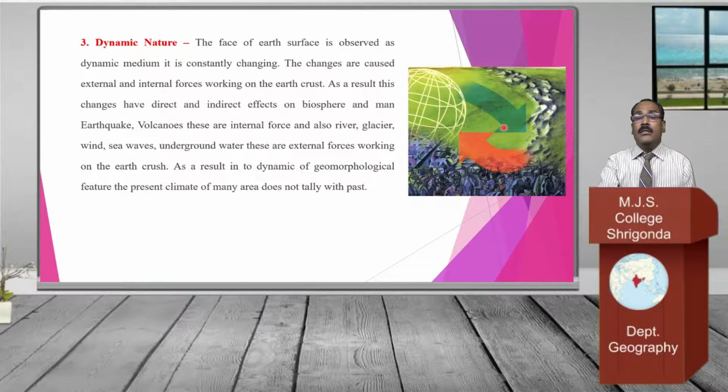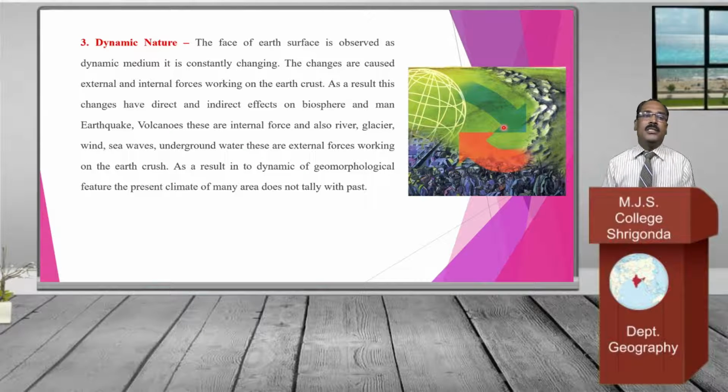Then the dynamic nature. The face of the earth's surface is observed as a dynamic medium. It is constantly changing continuously. The changes are caused by external and internal forces working on the earth's crust.